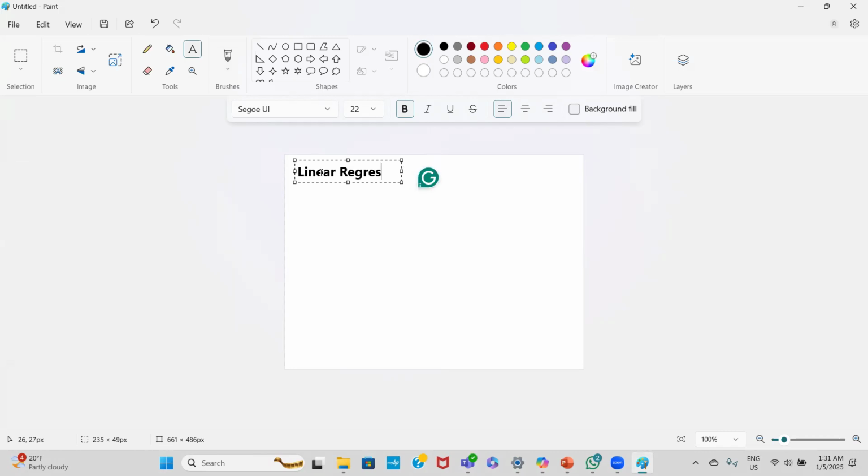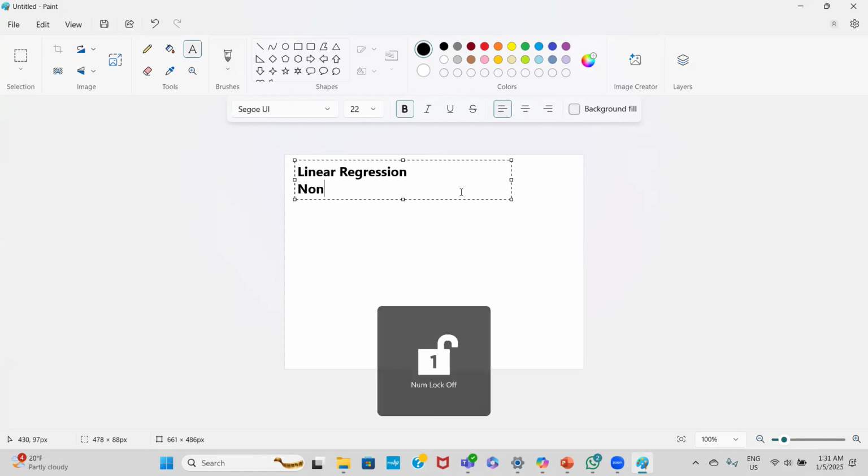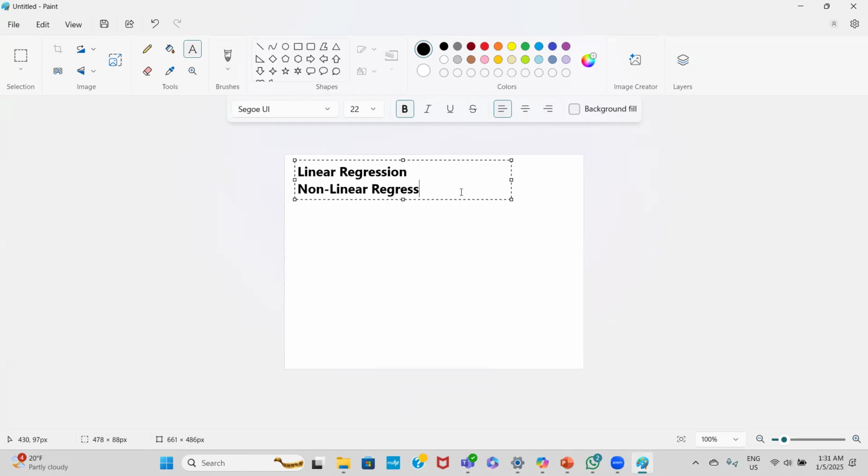So this is what we are left with. Linear regression is pending, that we need to study, and non-linear regression. So linear regression is one thing, non-linear regression is one thing that we need to study, and logistic regression. These three fall under one category. Once this is done, in clustering we have a few things to cover.